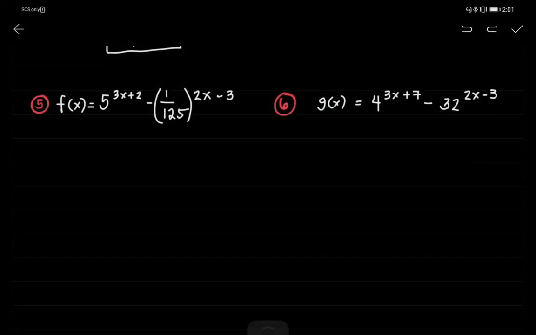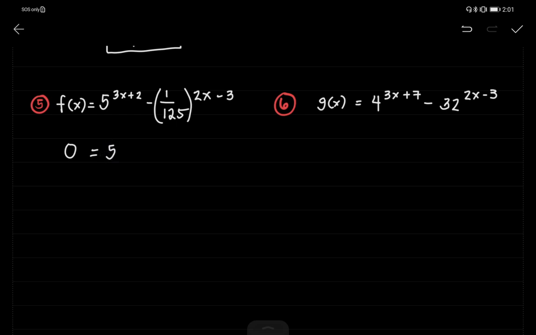Okay, so let us have here another example. So we have here this given function, f of x is equal to 5 raised to 3x plus 2 minus 1 all over 125 raised to 2x minus 3. So same as usual, equate natin sa 0. So this is 0.